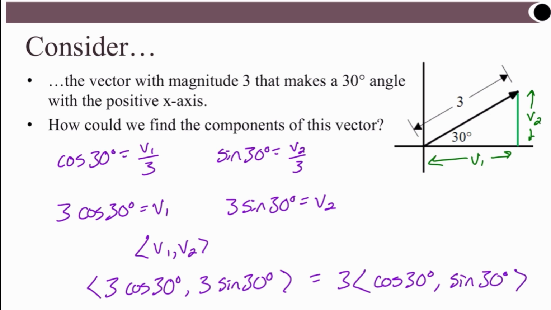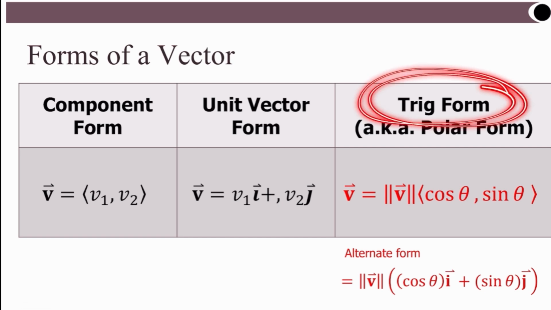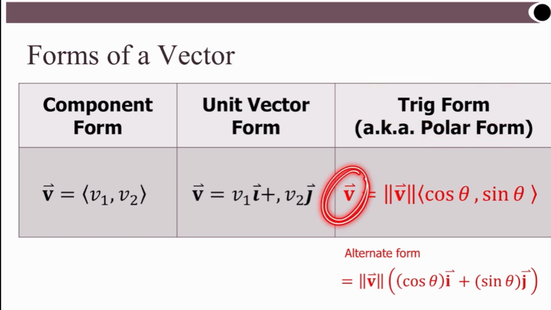So what was this? The 3, that was your magnitude. The 30 degrees, that was your angle. That leads us to what is known as the trig form or polar form of a vector, where the vector v is equal to the magnitude of the vector times the cosine of the angle, comma, the sine of the angle.